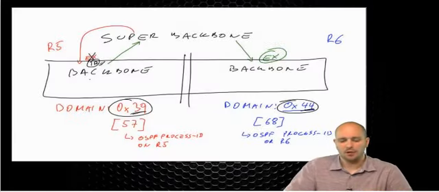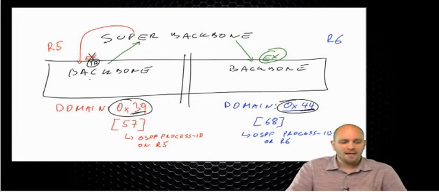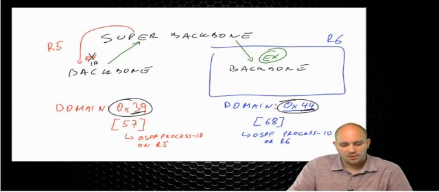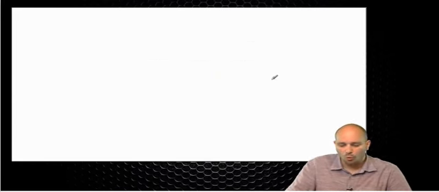Now that this is clear, I'm going to make our example here just a little bit more complicated. Our example involved a couple of routers, and they were all running OSPF and MPLS and everything that we've done.